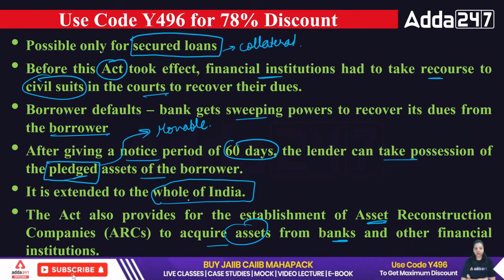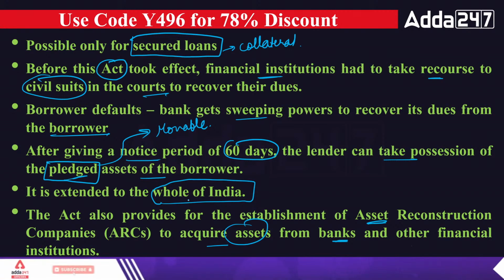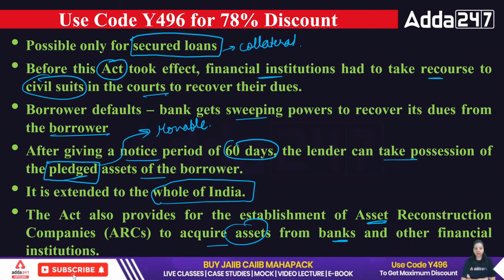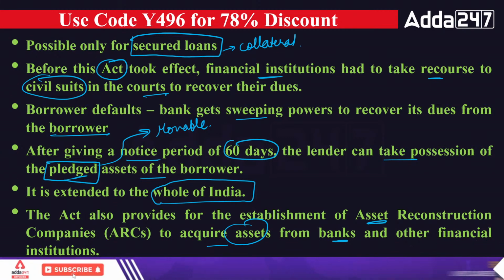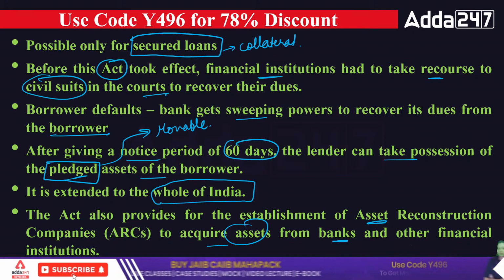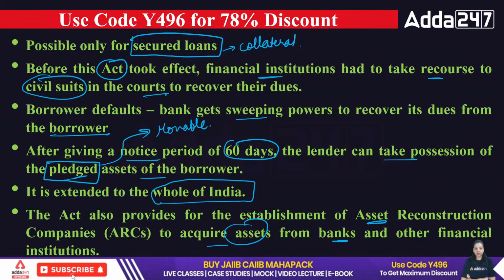So an ARC is a type of company which only helps banks and financial institutions to recover their loans or NPAs. These are the important points regarding the SARFAESI Act: where it works, where it doesn't work, how it works, how much notice period will be given, what type of loan can be recovered, where it is applicable. We have seen everything.